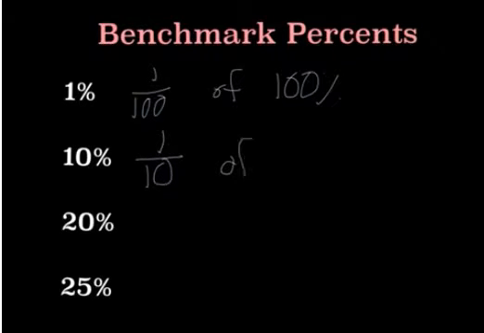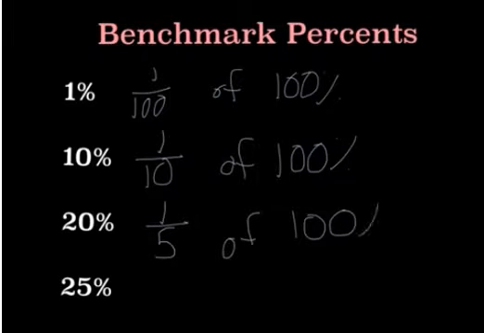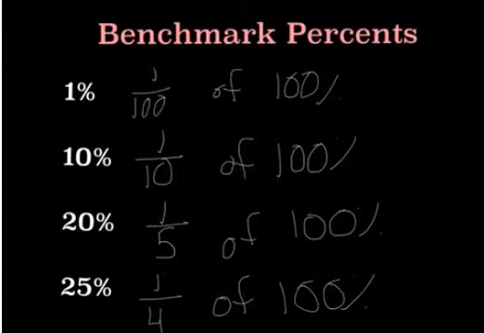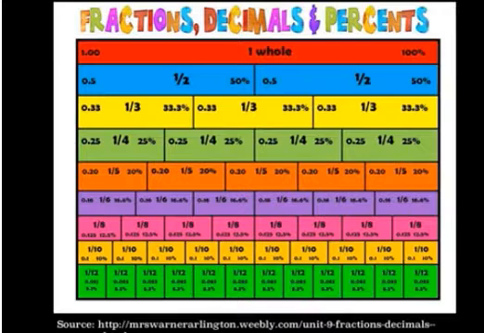10% is 1/10, because there is 10% in 100%, and 20% is 1/5, because there is 20% in 100%, and 25% is 1/4, because we have 4 25% in 100%.